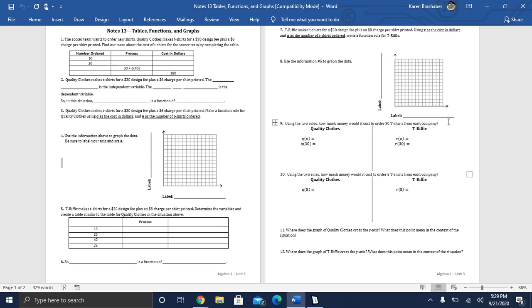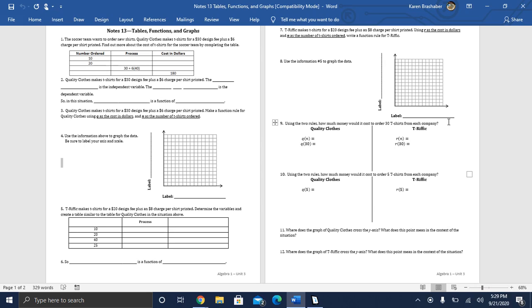So our example is really all one comparison of two stores that are selling t-shirts. The soccer team is wanting to order shirts. They're going to look at a store called Quality Clothes and then another store called T-Rific.